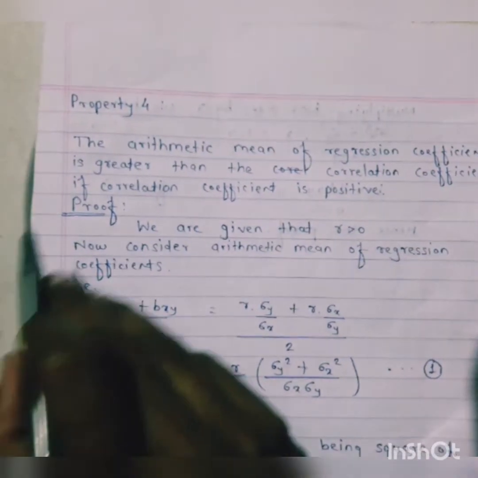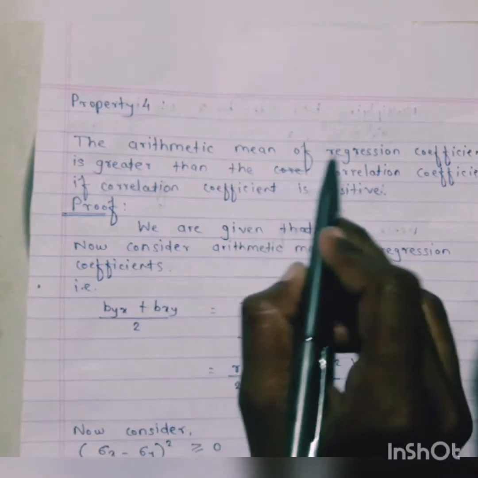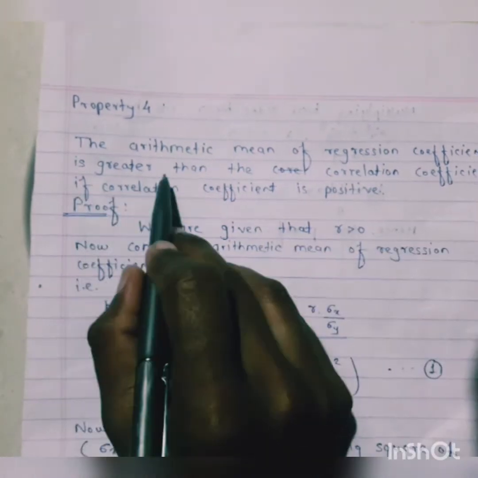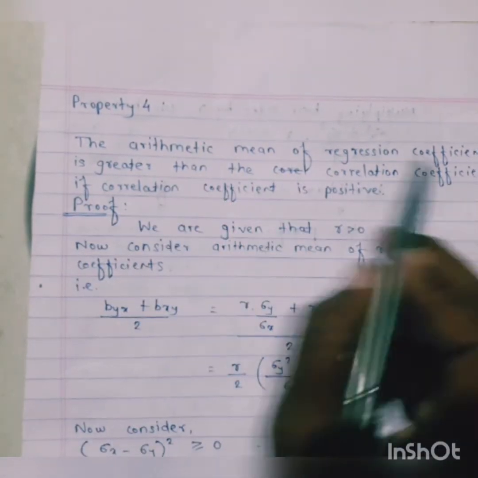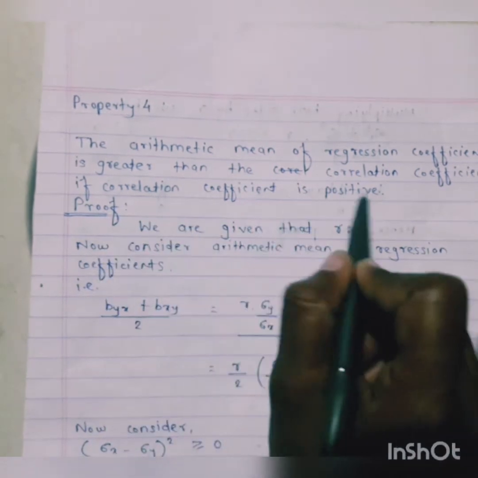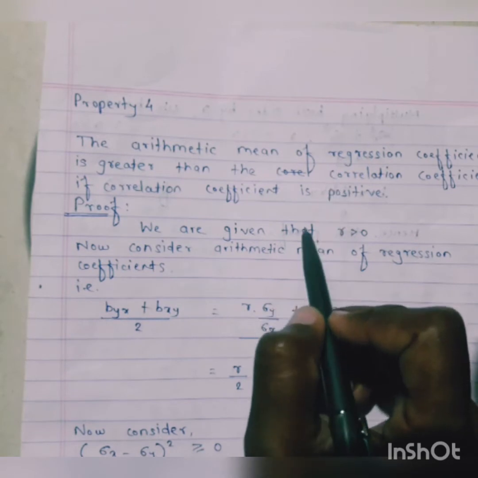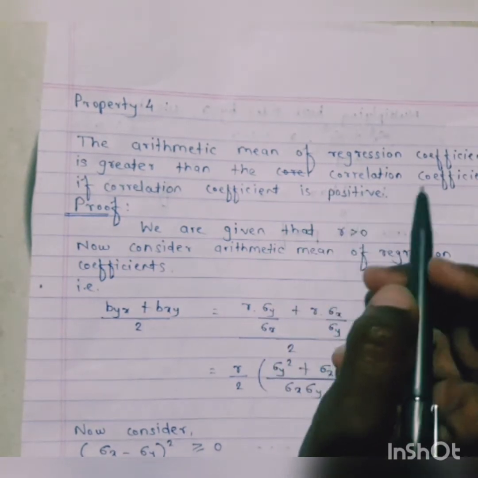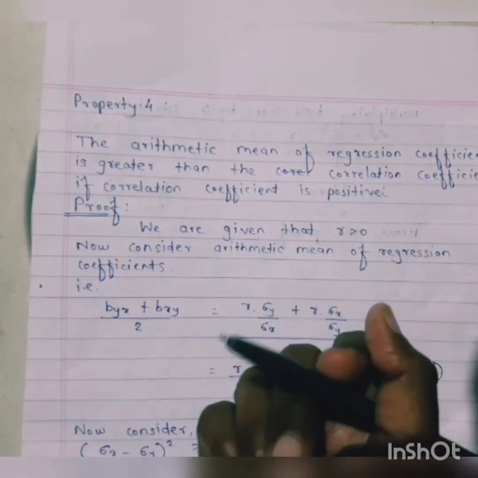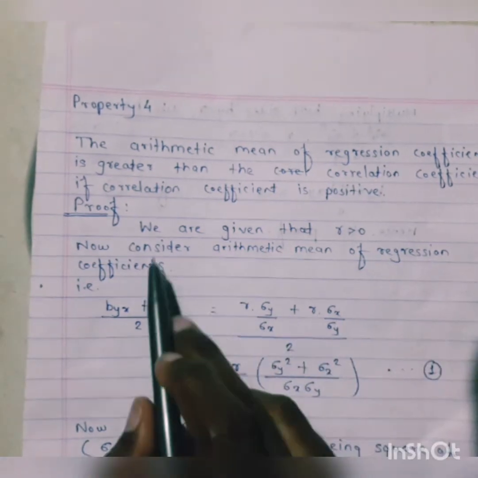Next, the fourth property. The arithmetic mean of regression coefficients is greater than the correlation coefficient if the correlation coefficient is positive.